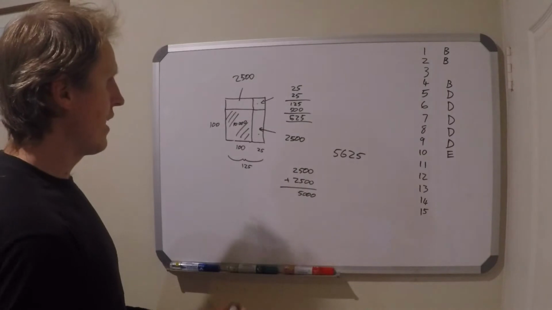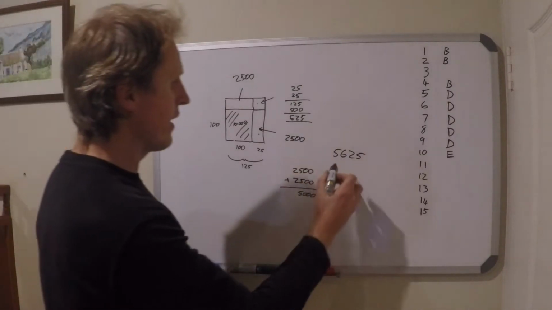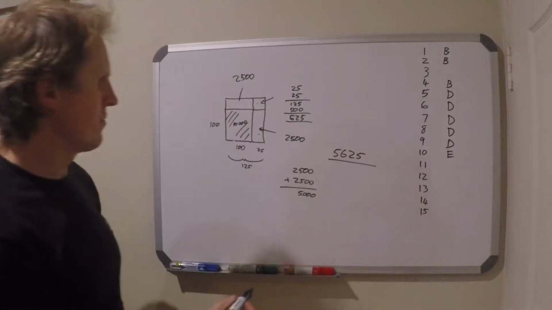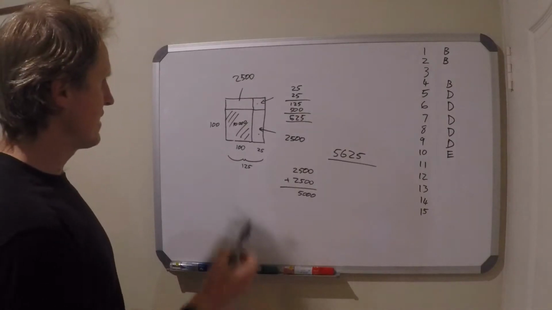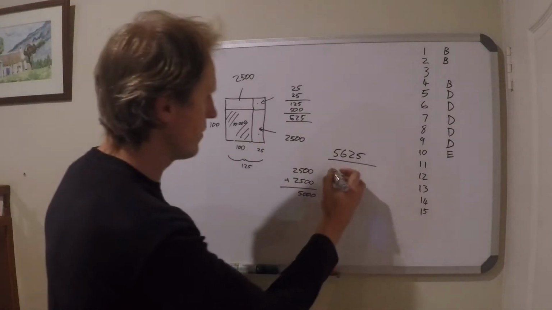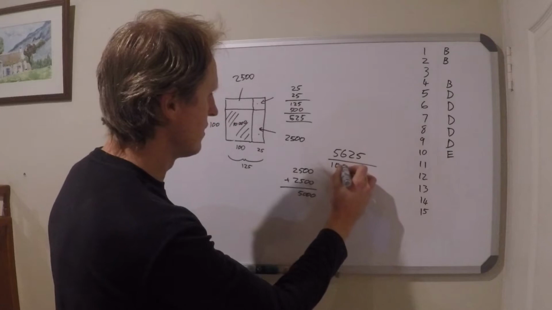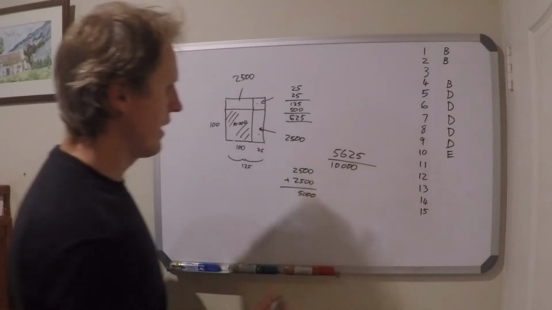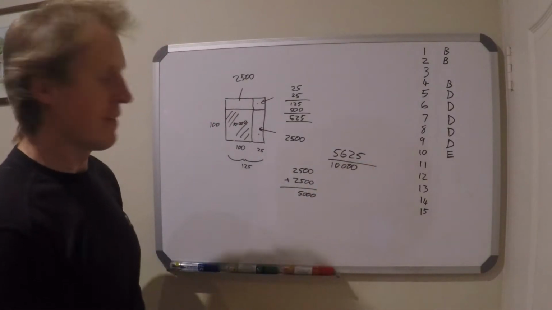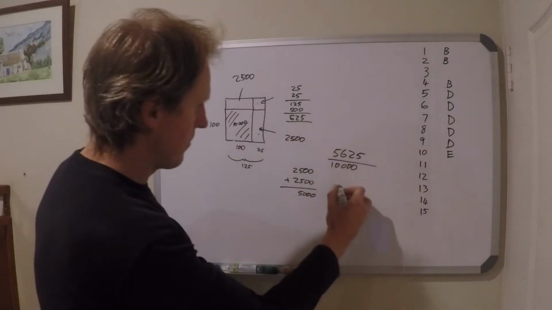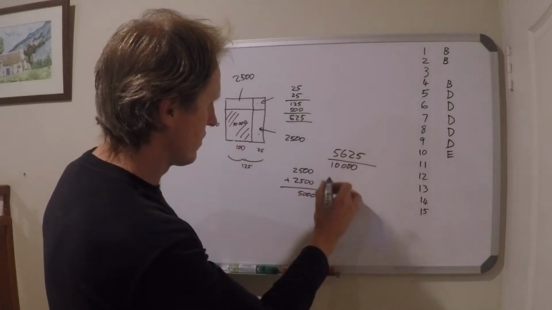That is the increase in area, and we want to express that as a percentage of the original value, 10,000. It's easy to divide by 10,000.